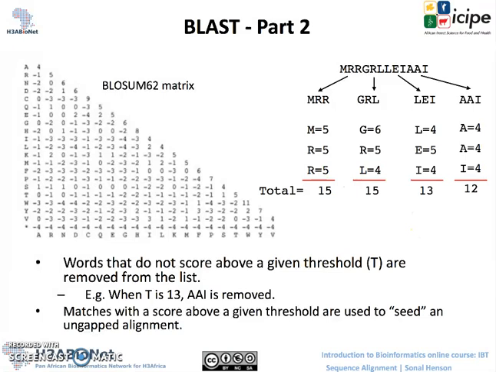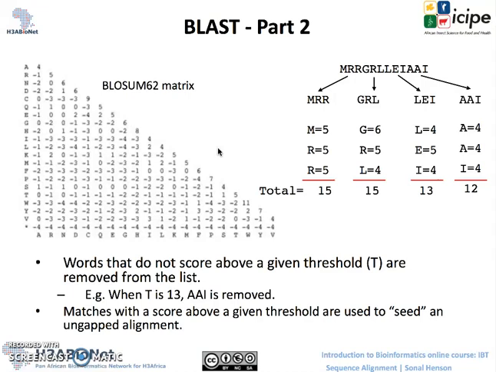Let's take an example of this protein sequence and score some of the words derived from it. So we use a scoring matrix such as the one shown here on the left to score each of these words. What would be the best score that each of these words could accomplish?